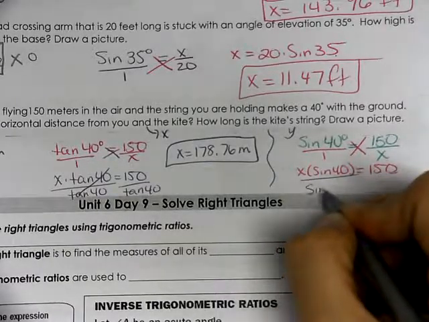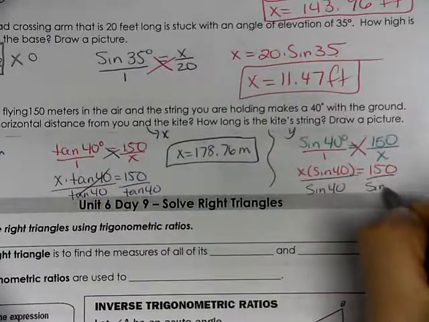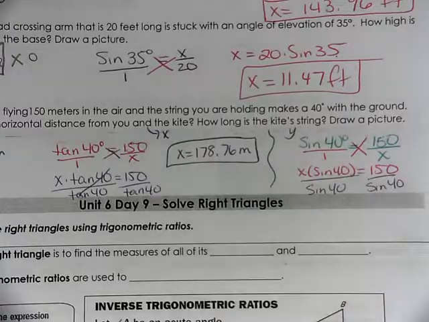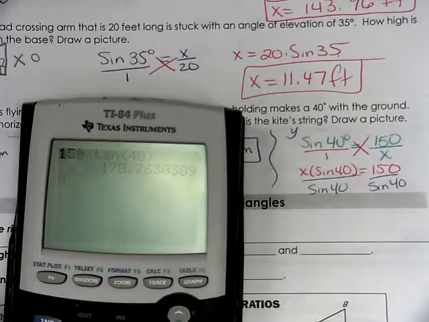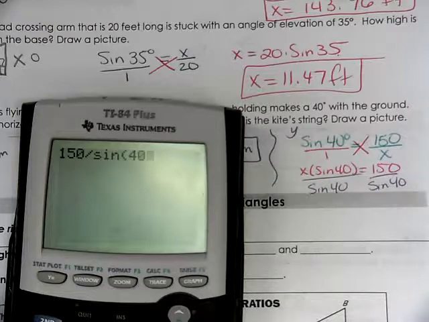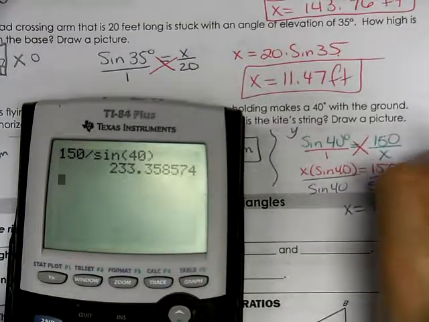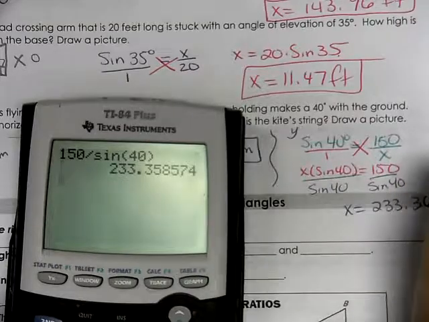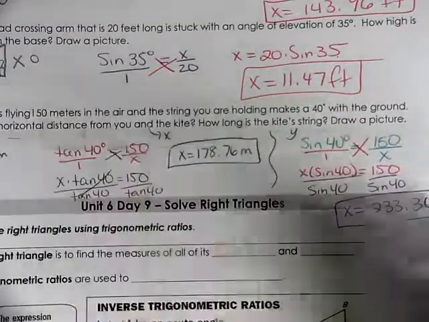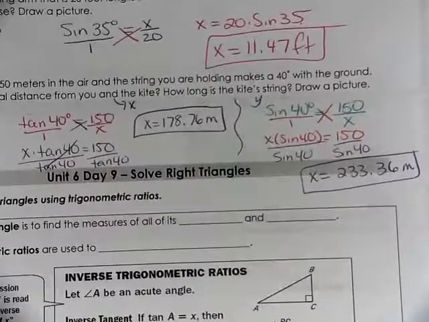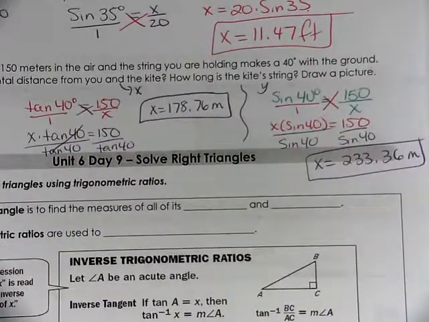So you're going to have to divide. So X is 233.36 meters. Question?